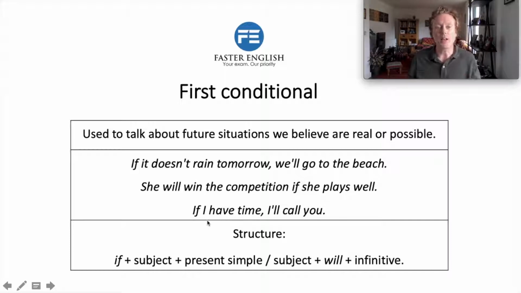If I have time, I'll call you. So these are real and possible in the future. The difference in structure, well, we still have present simple with our if clause, but on the other side we use will plus infinitive. Here we will go to the beach, she will win, and so on.